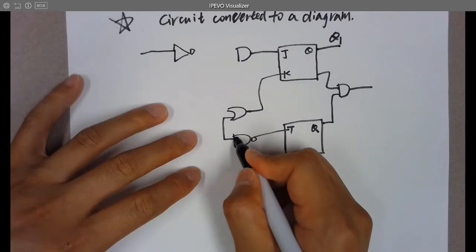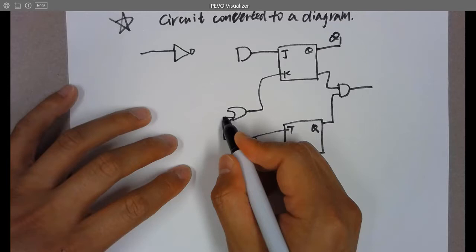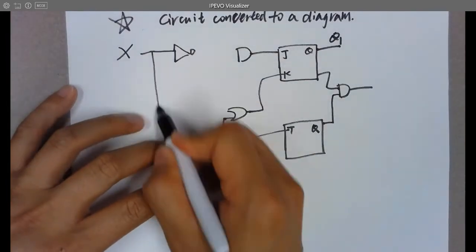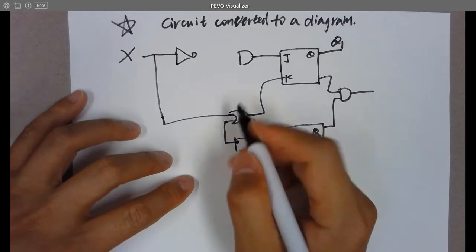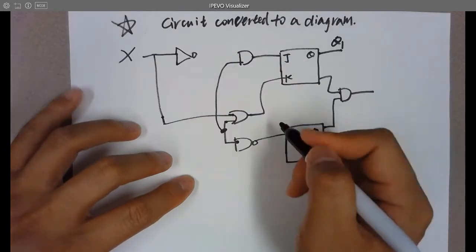The NAND gate has input there, and the signal is called X. It's going to the OR gate, and this signal is feeding to the AND gate.